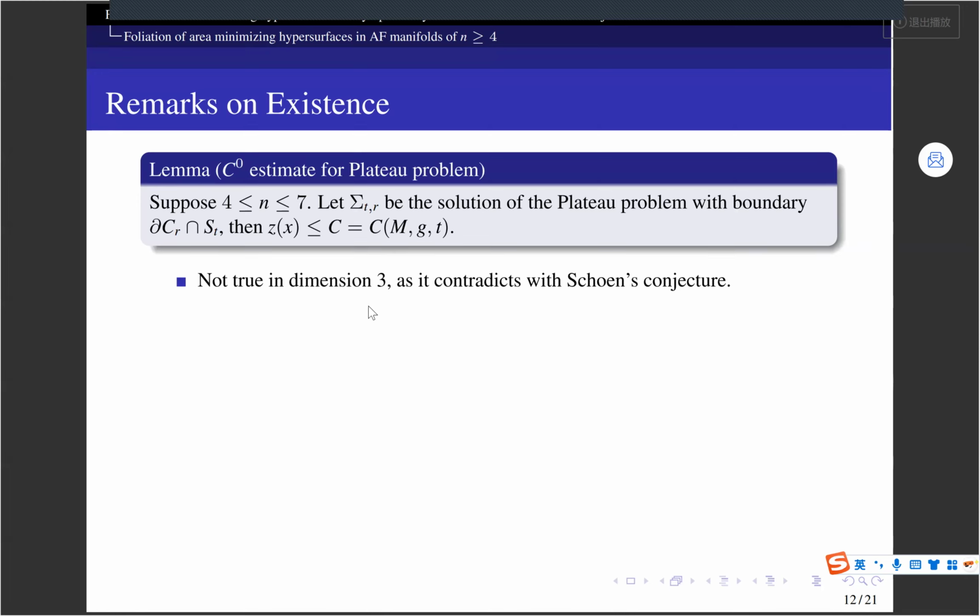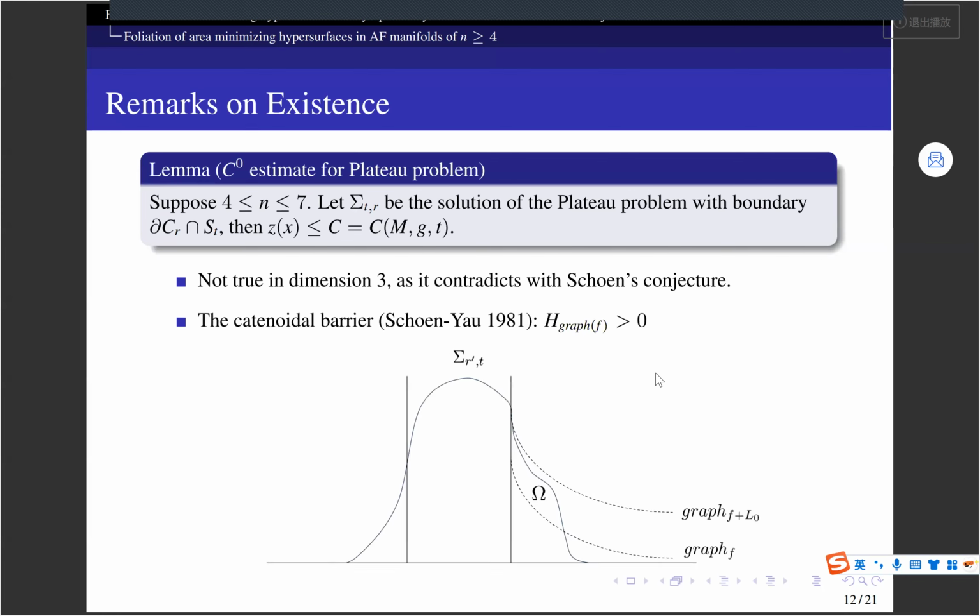This is not true in dimension 3 as it contradicts Schoen's conjecture. And the proof is by using a catenoidal barrier devised by Schoen and Yau in 1981.